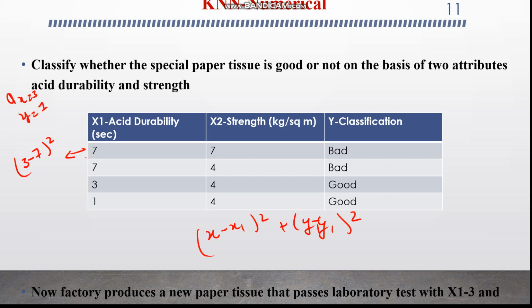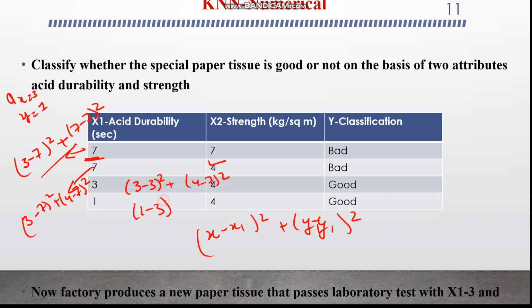So for the first row it is 3 minus 7 squared plus 7 minus 7 squared. For the next row we use 3, given in the question: 3 minus 7 squared plus 4 minus 7 squared. Similarly for this row it will be 3 minus 3 squared plus 4 minus 7 squared, and for this it will be 1 minus 3 squared plus 4 minus 7 squared.